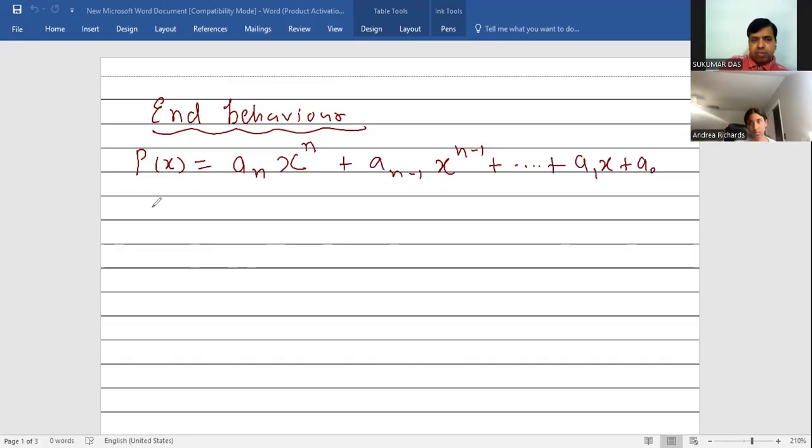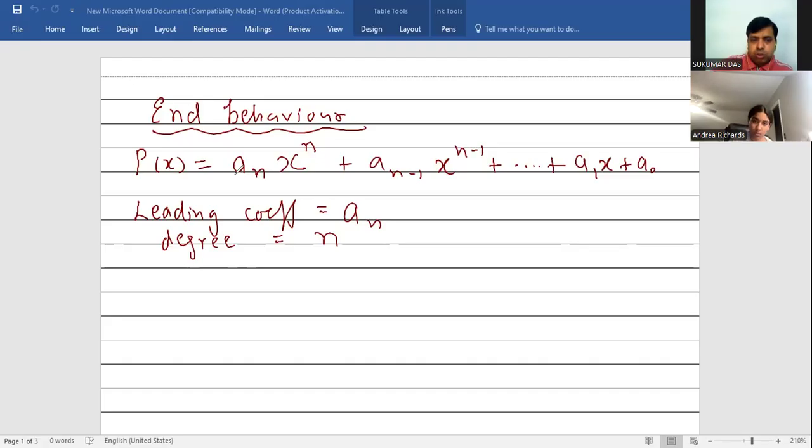So here our leading coefficient is a_n, and the degree of this polynomial function is n. Now, end behavior will be decided only by the leading coefficient and the degree. Other terms will not have an impact on the end behavior.